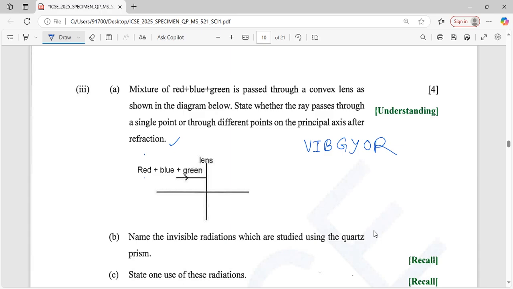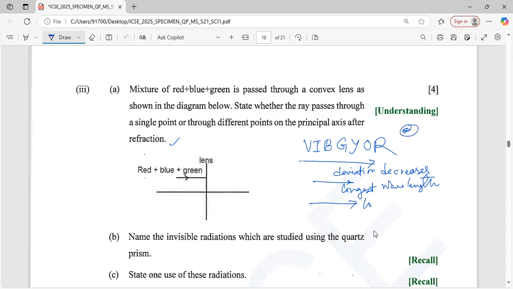If deviation decreases from left to right, the wavelength is longest and the energy is lowest from left to right.